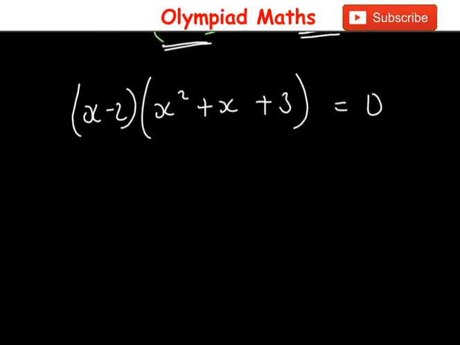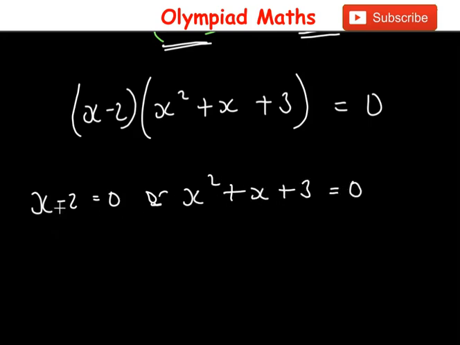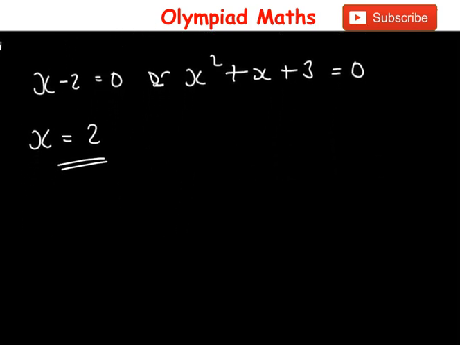So from here, we have that x minus 2 is equal to 0, or x squared plus x plus 3 equals 0. From this linear equation, we have it that x is equal to positive 2. So we have gotten the value of x. While from this other equation, here we have a quadratic equation. So to solve this, we make use of the quadratic formula.